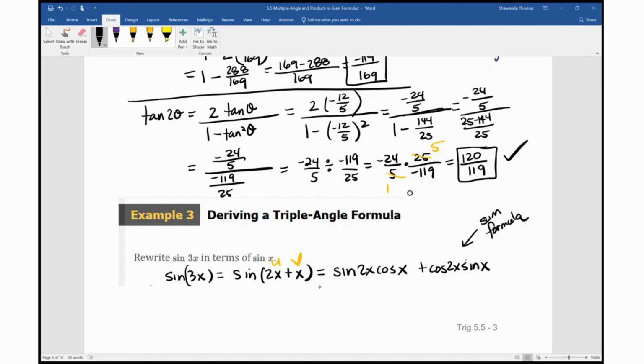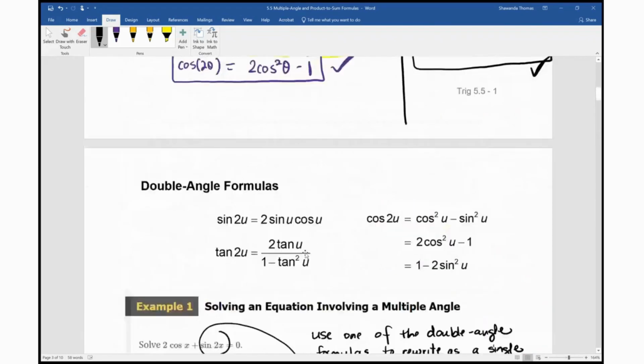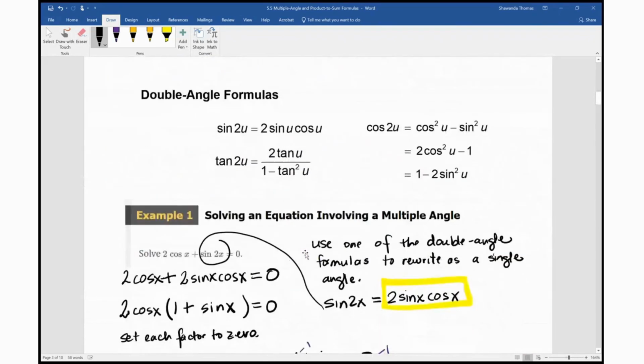All right, now let's use the double angle formulas because we just found out that sine 2u equals something. So we're going to go back to our formula for sine of 2u. That's 2 times sine of u cosine u.